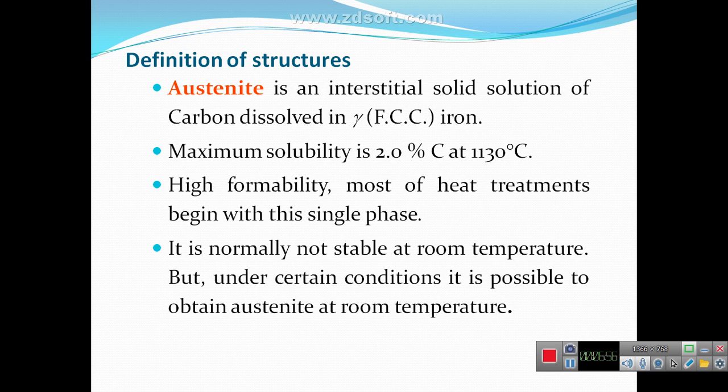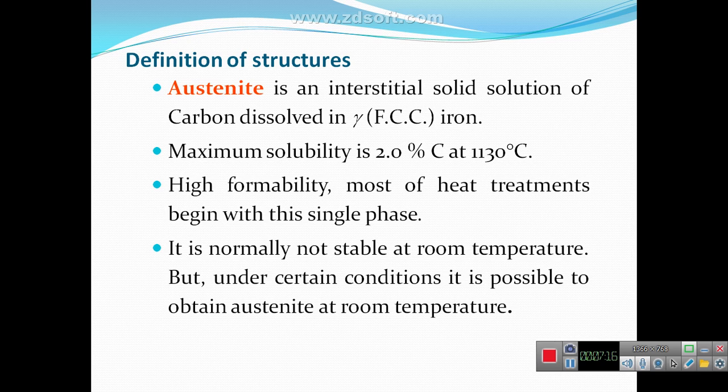It is an interstitial solid solution of carbon dissolved in gamma FCC iron, face-centered cubic iron. Maximum solubility is 2% carbon at 1130 degrees Celsius. It has high formability. Most of the heat treatments begin with this single phase.